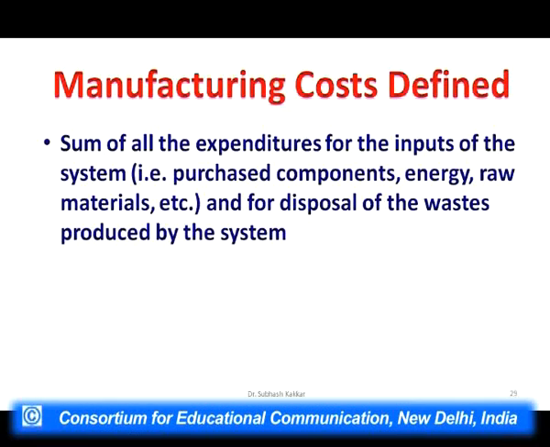Manufacturing costs defined: sum of all these expenditures, all these costs for the inputs of the system, that is purchased components, energy, raw material, etc., and for disposal of wastes produced by the system is the total cost for manufacturing.